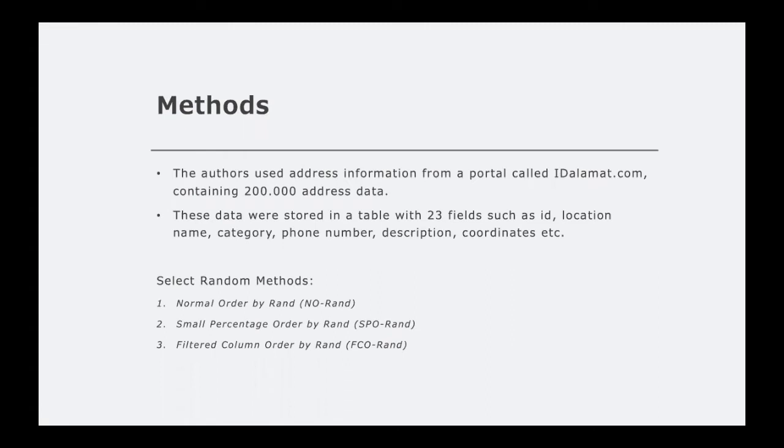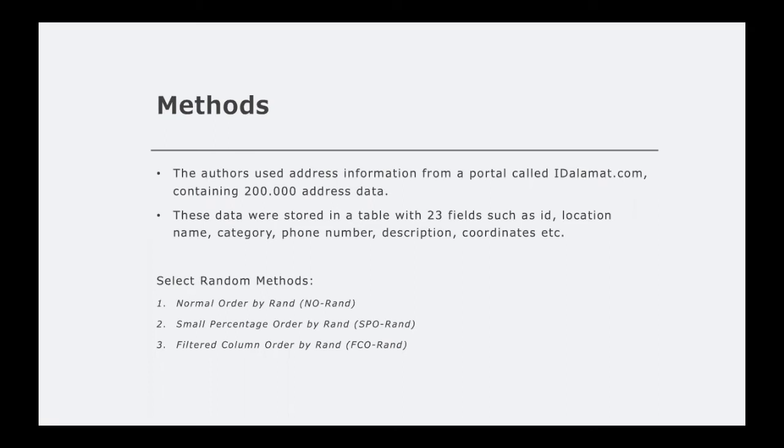The second method was the small percentage ORDER BY RAND, or SPO-RAND, which is a query that retrieves random data by reducing the percentage of data that must be scrambled from all existing data rows. By doing this, it eliminates a large amount of data and leaves just a small percentage of it to be scrambled.